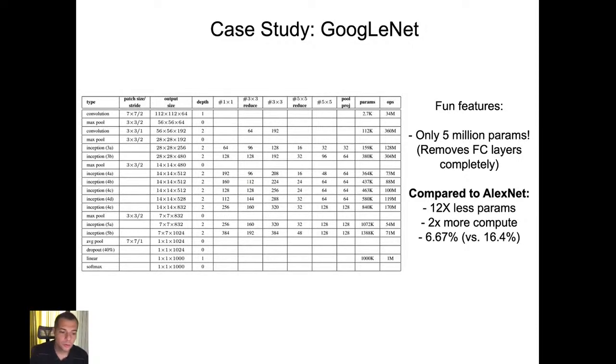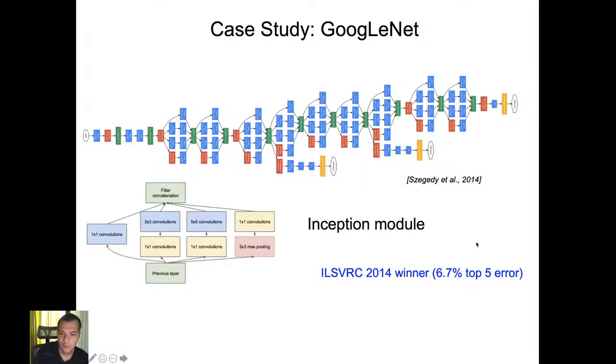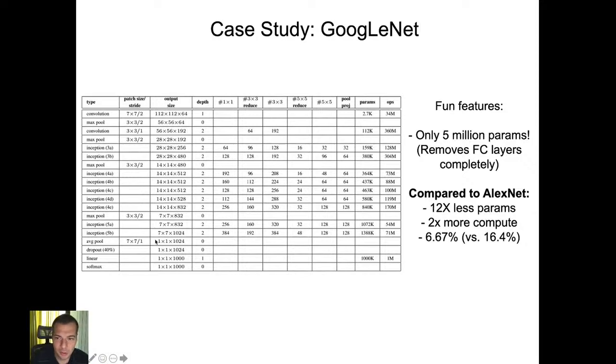Yeah, and since they introduced these one-by-one convolutions in every pathway, they also reduced the number of parameters. So in the end, their network has about 5 million parameters, so significantly fewer.